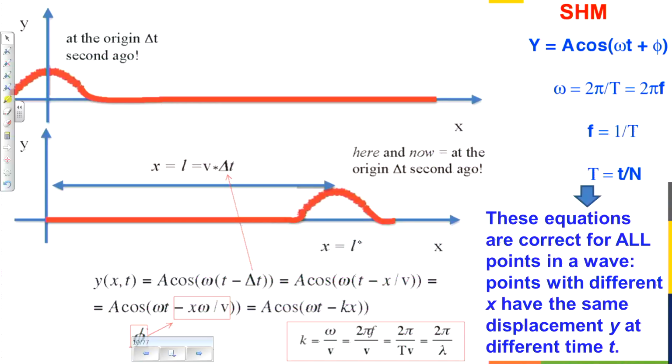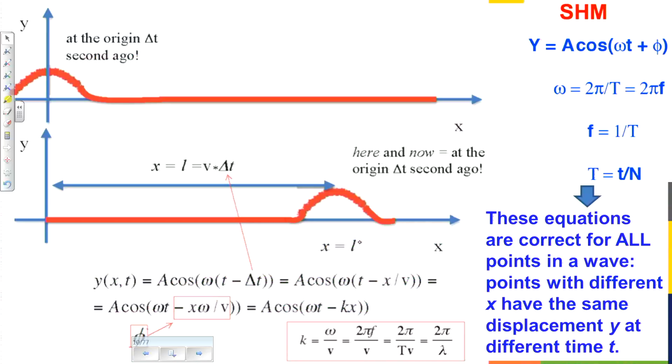We can relate it to angular frequency and speed. And speed equals, on the previous slide, wavelength divided by period. So the wave number is related to the wavelength directly.